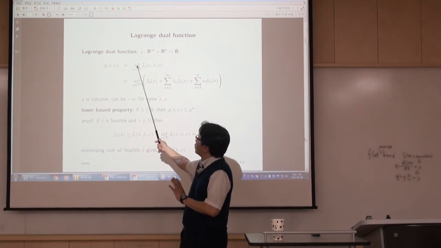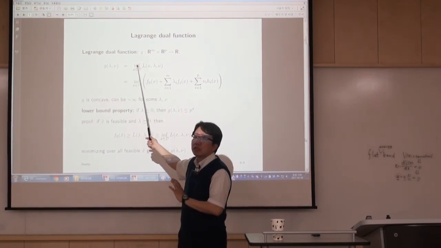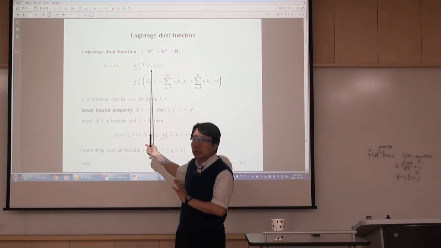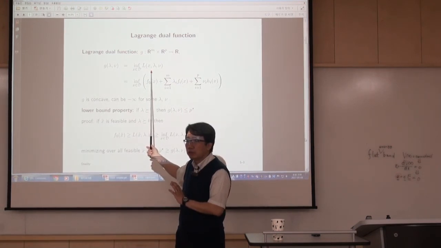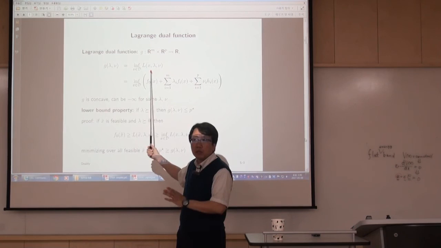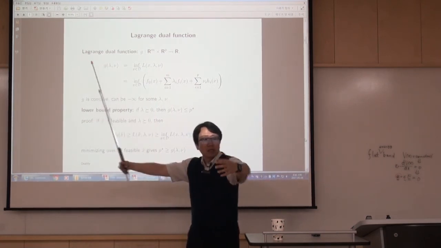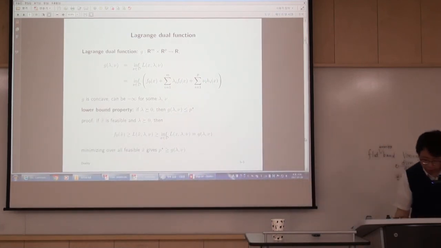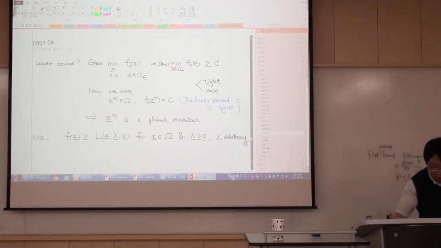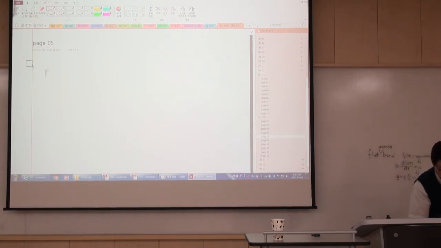Now, let me ask you a question. Is omega a subset of D, or D a subset of omega, or omega equals D? Which one? In general, omega is a smaller set, a subset of D. Got it? Why? But what is D, by the way? D is defined as the domain of the objective function intersected with the domain of inequality constraint functions and the domain of equality constraint functions.